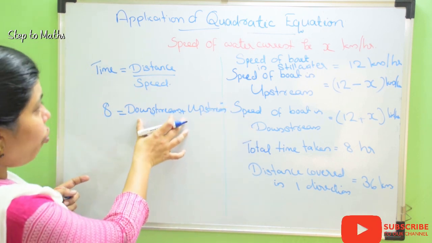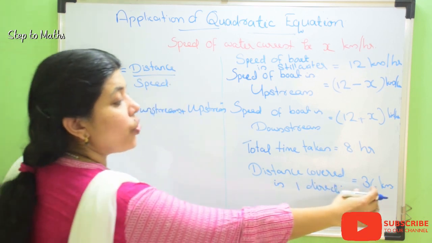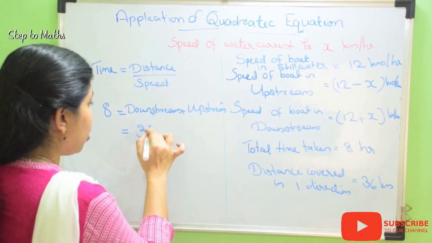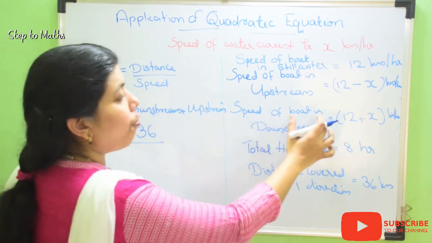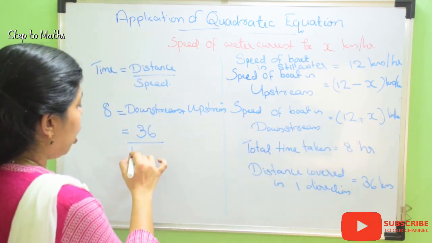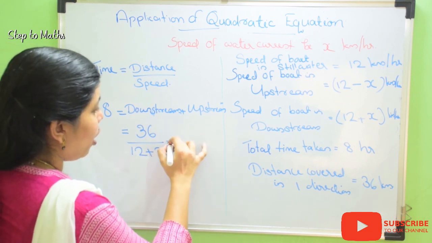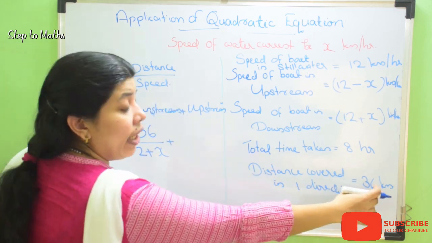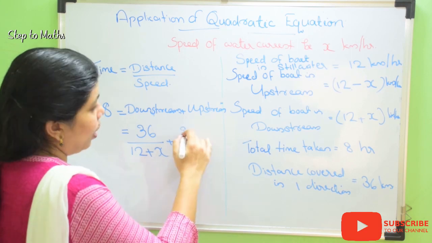For downstream, he covered 36 km, and speed of boat in downstream is 12 plus x kilometer per hour, plus for upstream again he covers 36 km in the opposite direction.